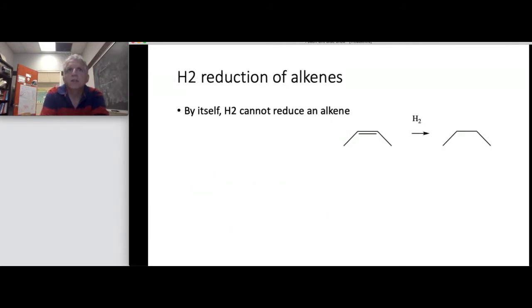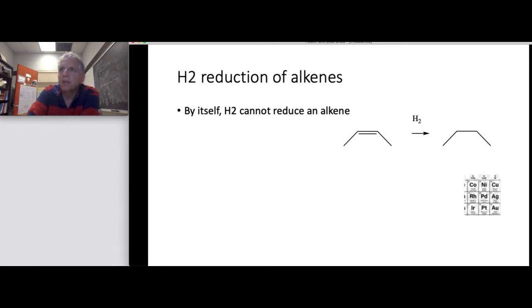Okay? So here is an example in our chapter of alkenes. All by itself, this is a non-reaction. We can't take 2-butene and make it into butane because the H2 is not reactive enough.